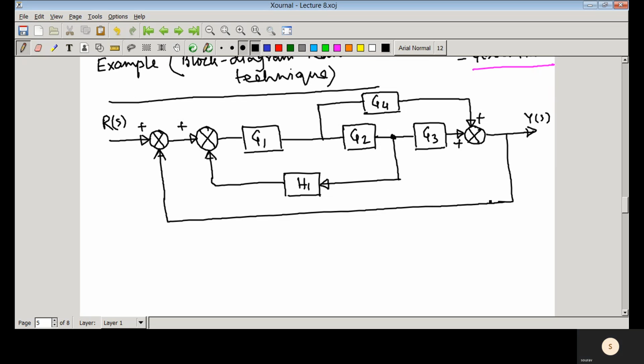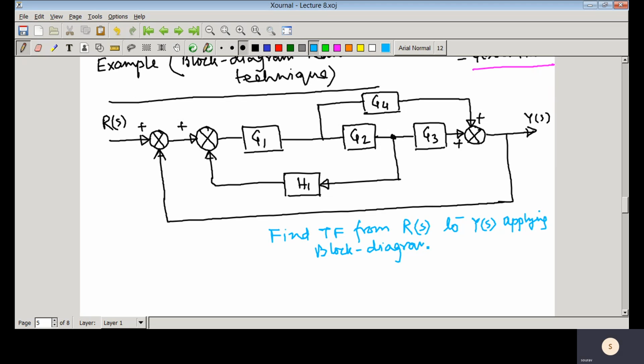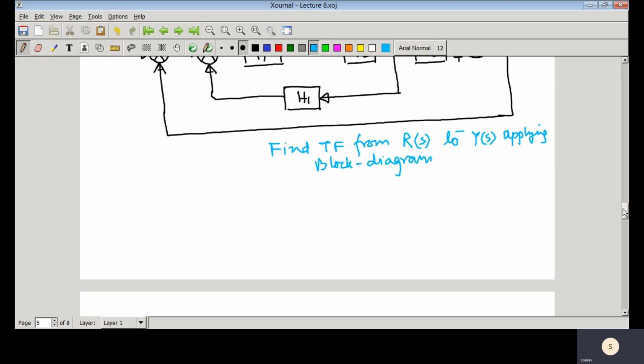So what is that objective? So find transfer function from Rs to Ys applying block diagram reduction technique.